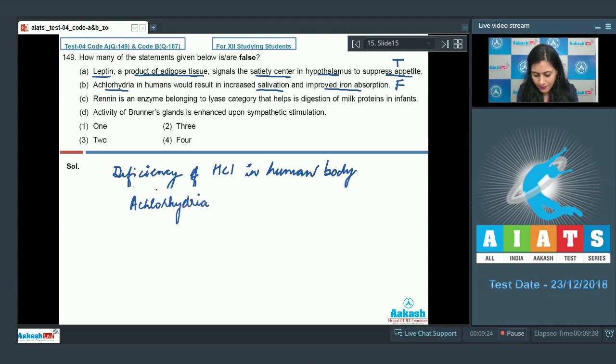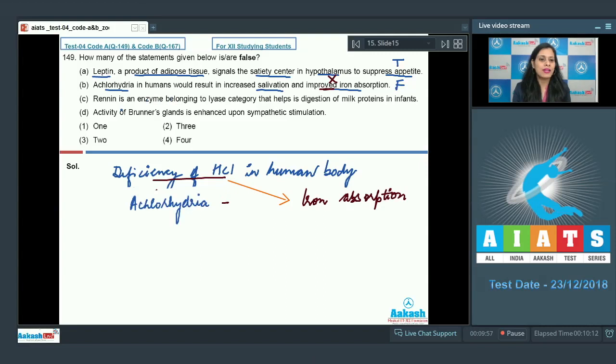And this deficiency of HCl will affect iron absorption, because the deficiency of HCl will decrease iron absorption rather than improving it. So this is an incorrect statement or a false statement.